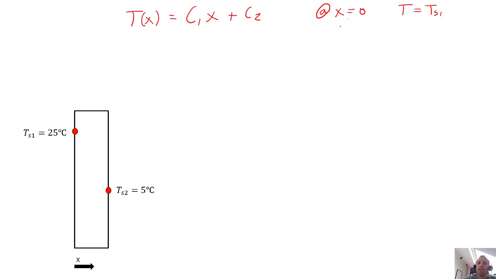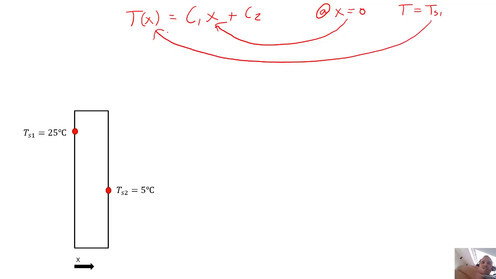So we would go ahead and plug in 0 for x, and we would plug in TS1 for T. So we're just evaluating this equation at this specific x value, and we know that when we do that, we're going to get TS1. So that lets us produce this other equation. We get TS1 is equal to C1 multiplied by 0 plus C2. So the end result, if you do some quick algebra in your head, you get that C2 is equal to TS1.